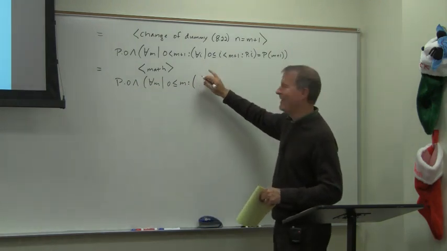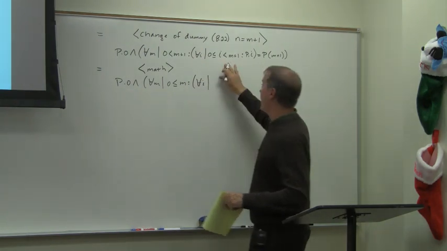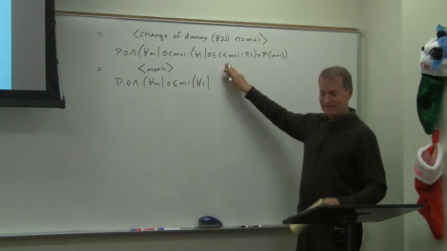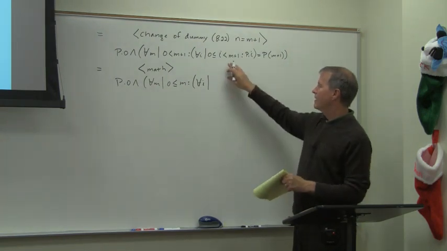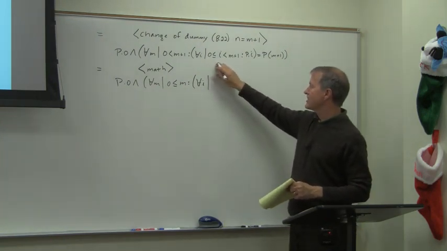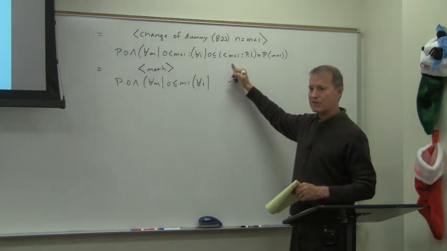Okay, and then for all I, but now, how can you rewrite this? 0 less than or equal to I. Now what's another way of writing less than M plus 1? Less than or equal to M, right?